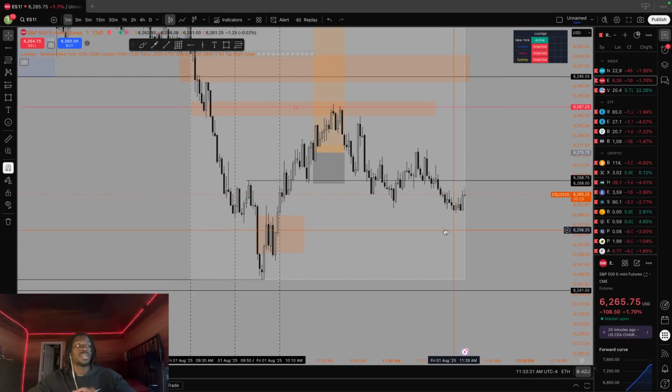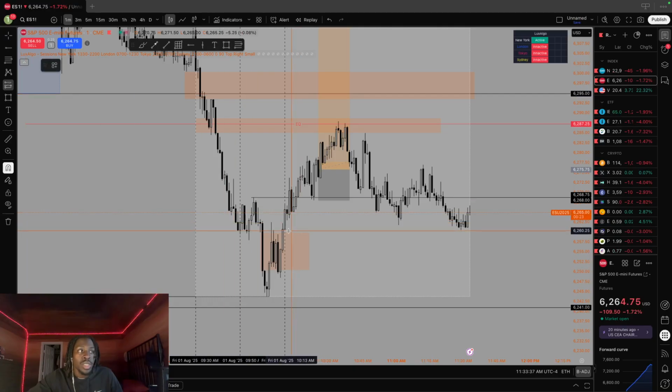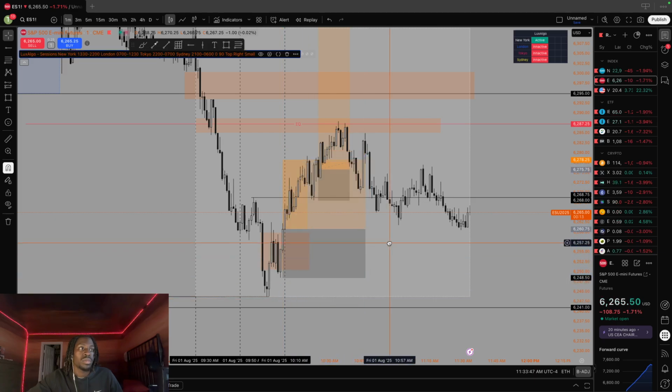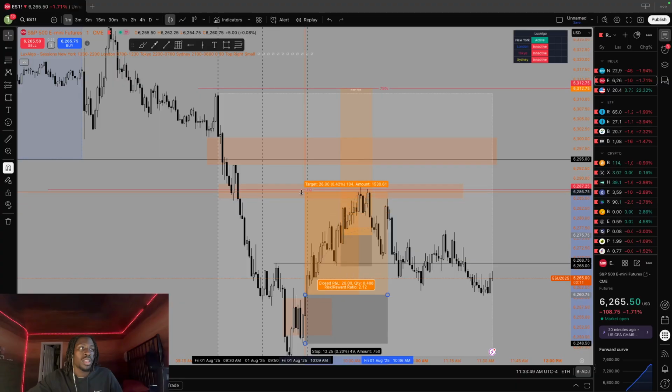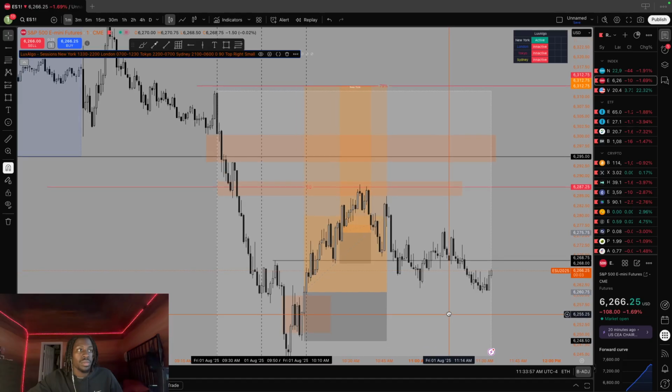but we could have definitely executed a little bit better if I trusted this 1 minute time frame. I guess we could have got better entries. I could have just entered off the inverse, kept my stops right here, targeting this as my first take profit, and then the 79% extension thereafter.